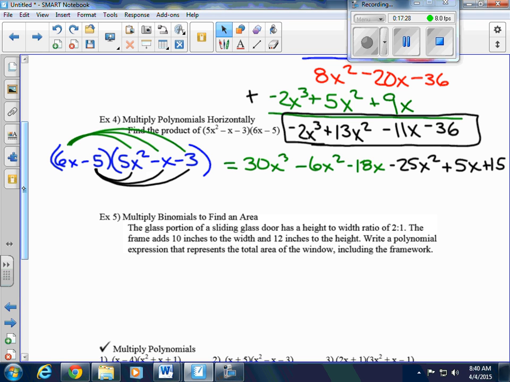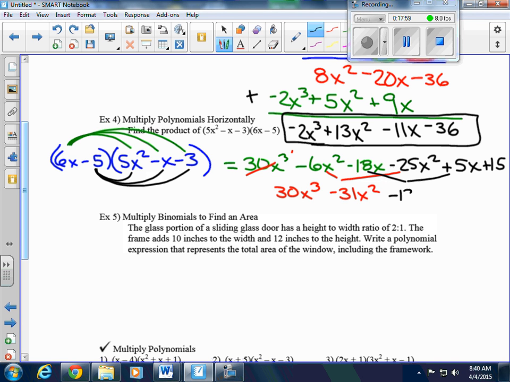And the only thing left to do for us now is to put our like terms together. Well, this is the only x cubed, so we use that one. Then we have 2 x squared terms here and here. So we have negative 6 and a negative 25. That's going to be negative 31x squared. And then we have 2 x terms, a negative 18x and a 5x.